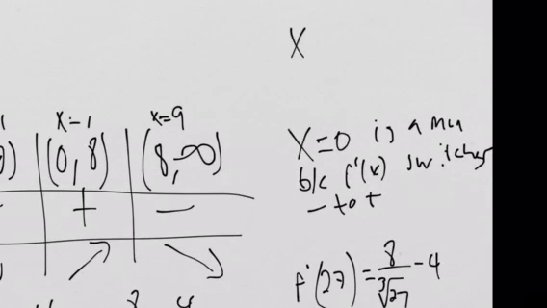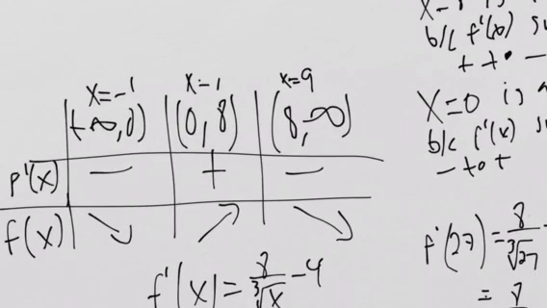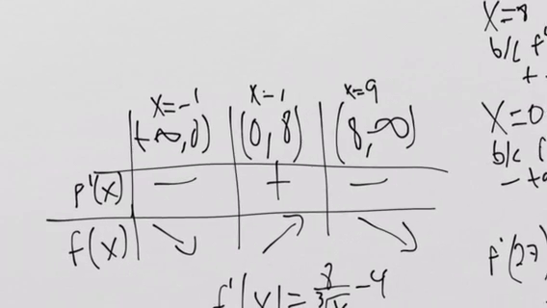And we'll say x equals 8 is a max because f prime x switches from positive to negative. So those are our two critical points. They are both extrema. One is a min and one is a max, and we have to write this justification down. We can't just do the table. We have to actually write this confirmation down here.